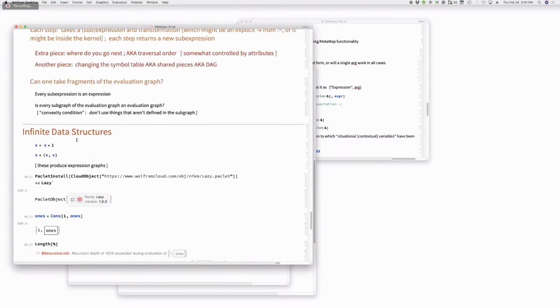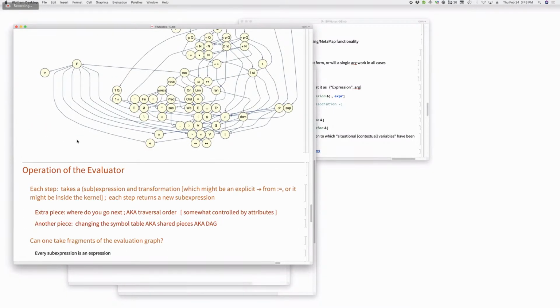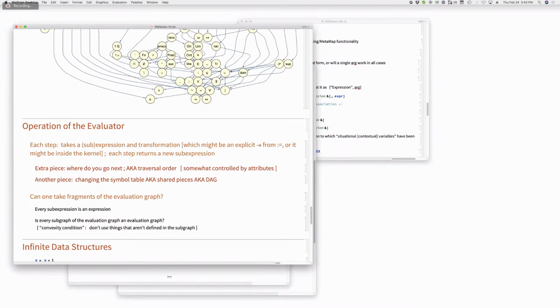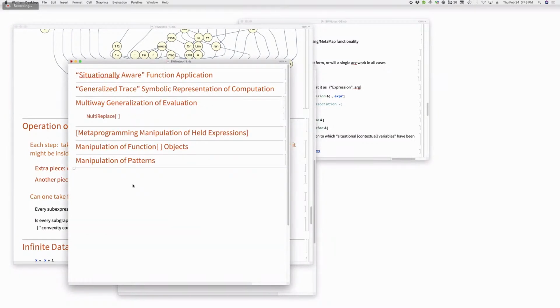Another one: there's also lazy and infinite data structures. Lightweight power, there's a lot of topics here. Lightweight parallelism in the evaluator.